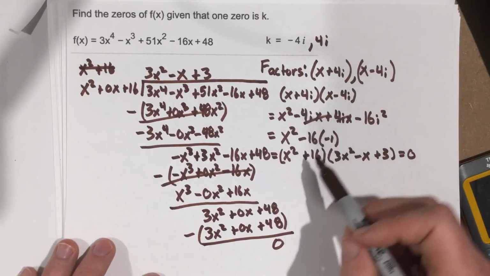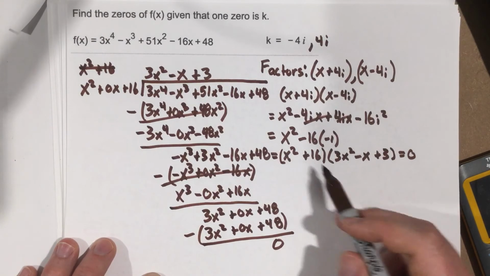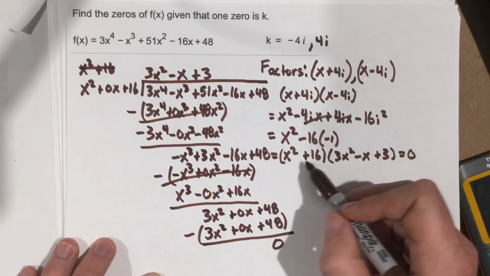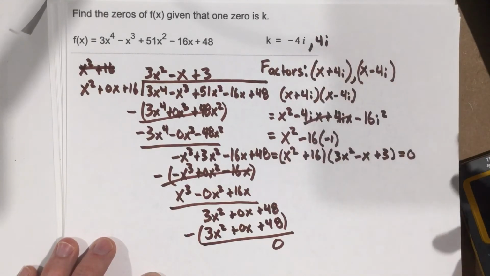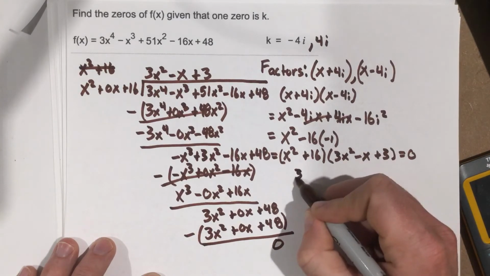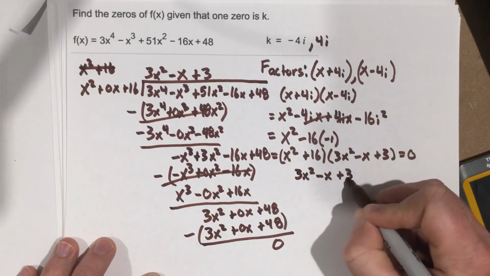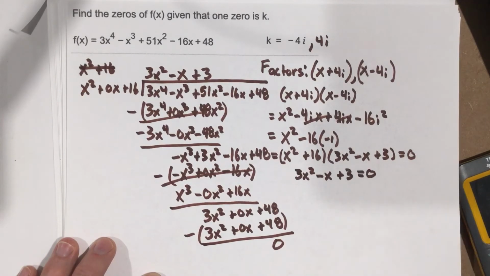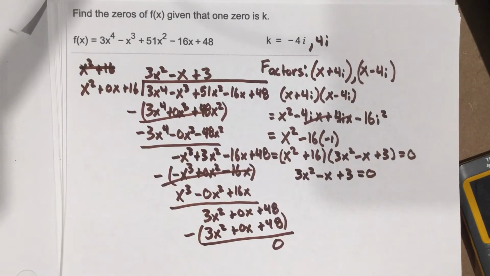Now, we already know this side of it. If I do x squared plus 16 equals 0, when I do the zero product property, I'm going to end up with negative 4i and 4i. That's what they gave us in the beginning. So I just need to look at this part right here. So I have 3x squared minus x plus 3 equals 0. I need to solve this to see if I can find the zeros that I'm missing.